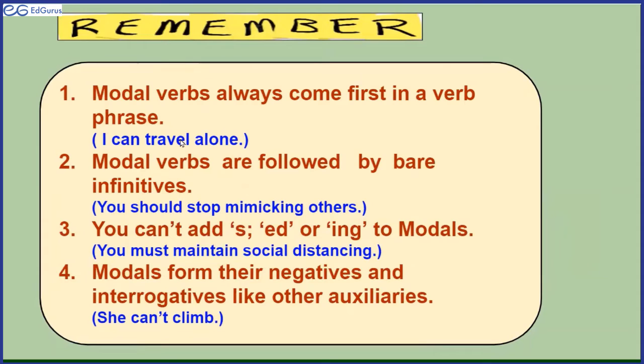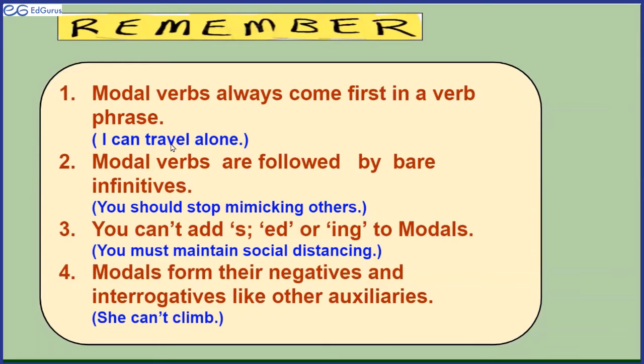So what is the main verb here? Alone? No. Alone is not the verb. Travel. Travel, right? Verb is a doing word. So travel is the main verb, right? Now, when you are using a modal, it would come before the main verb.